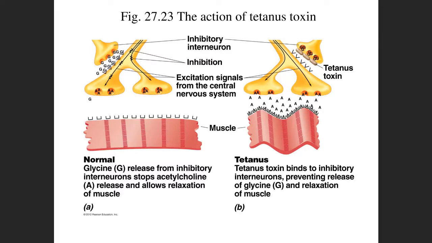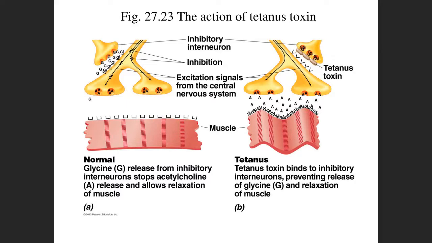if we look at another one in the opposite direction, the tetanus toxin. Normally, when you tell your muscle to extend your arm, you have to relax the muscle, right?